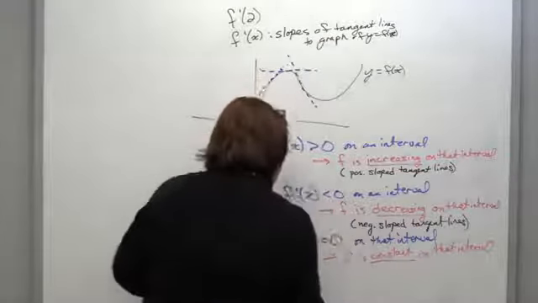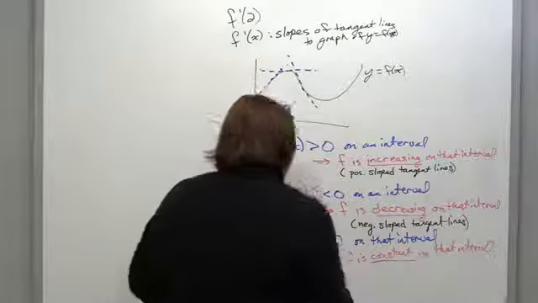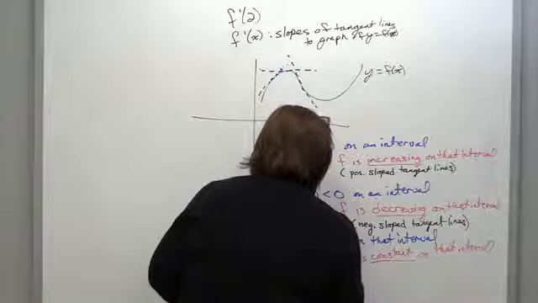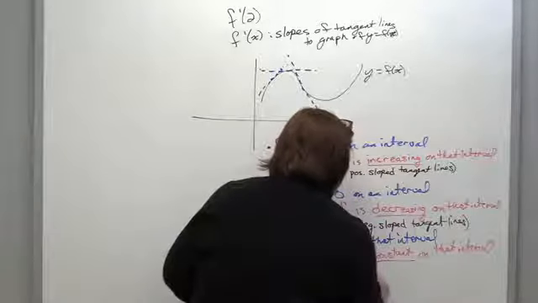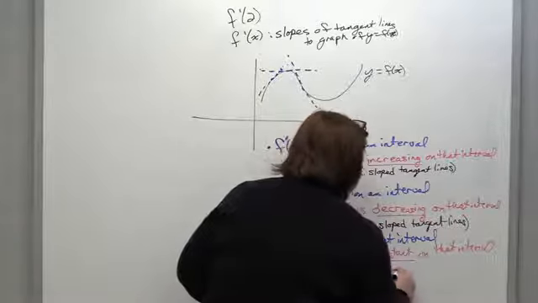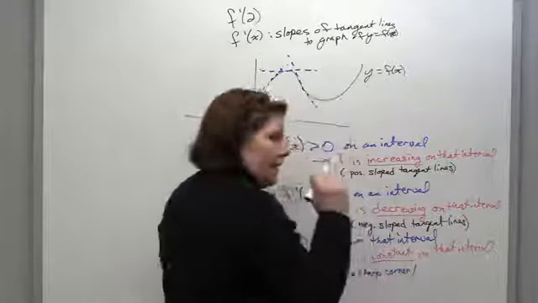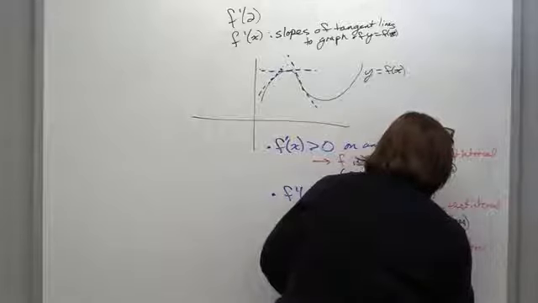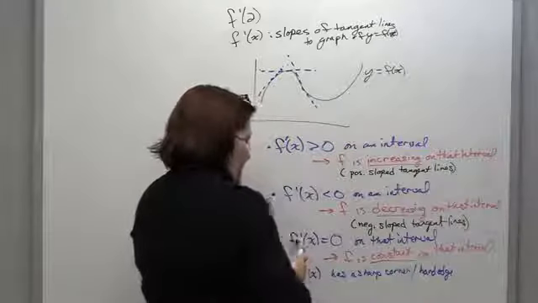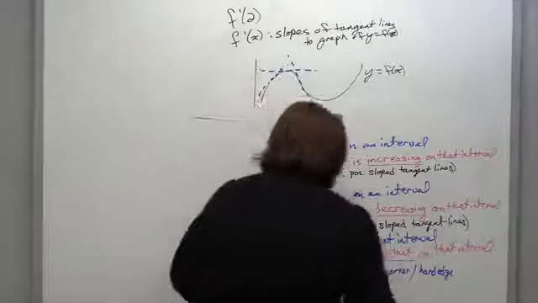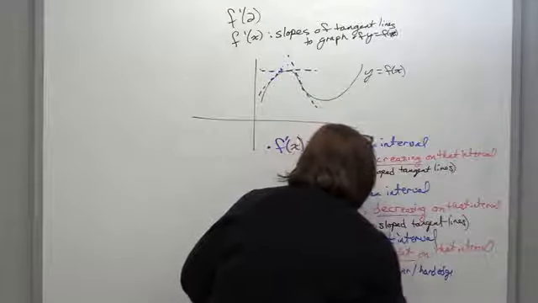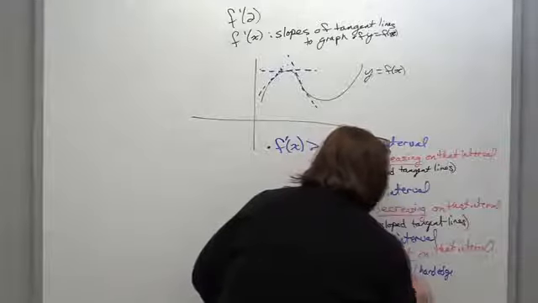Last thing we want to talk about is if f of x has a sharp corner, or we could talk about maybe a hard edge to the graph. What happens when that occurs? F prime of x is undefined there.